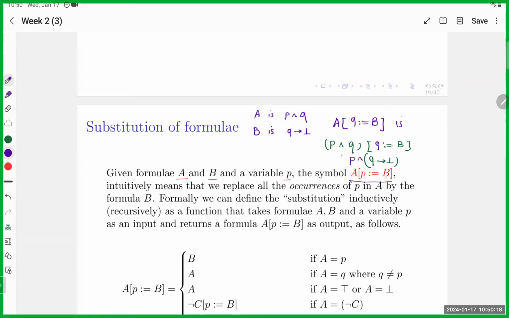It's always a unique formula. You don't have a choice. It's given to you which one to substitute with what. You cannot choose whether you want to substitute P or Q. This one here tells you which one to substitute.